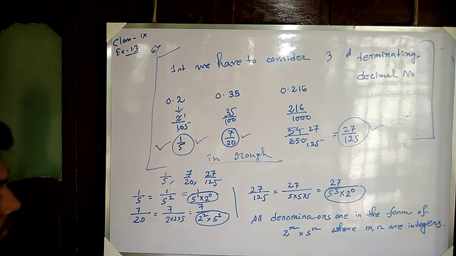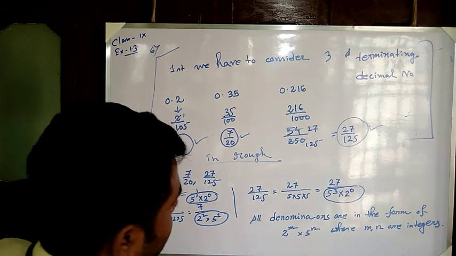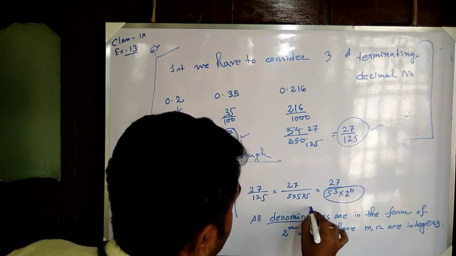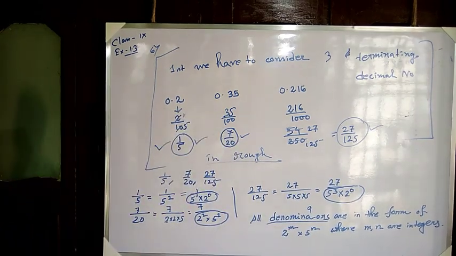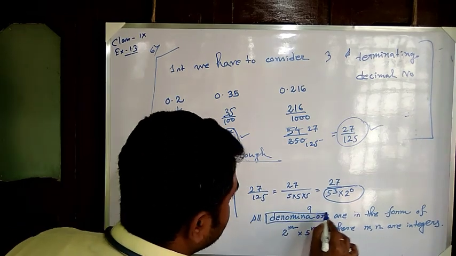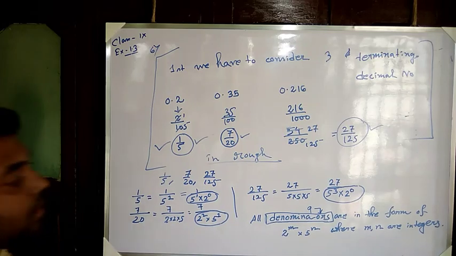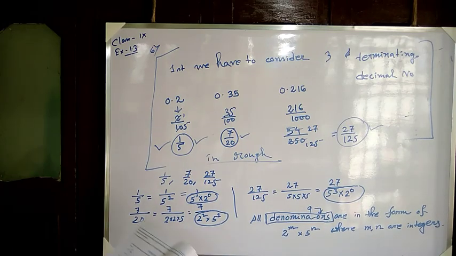So q satisfies, denominator means here q, in p by q format. So q is in the form of 2 to the power m into 5 to the power n. Complete.